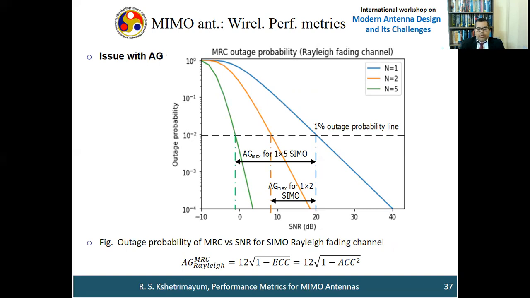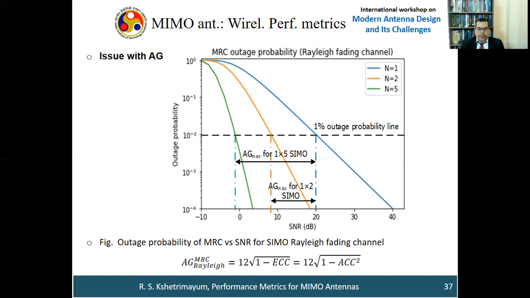When you consider MRC, then the 1% outage probability SNR gain for the 1x2 MIMO system over that of the SISO system is 12 dB. So the maximum AG max is 12 dB for MRC, whereas AG max is 10 dB for selection combining over Rayleigh fading channel.